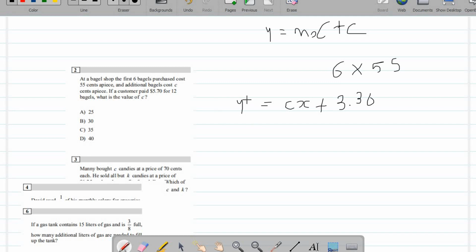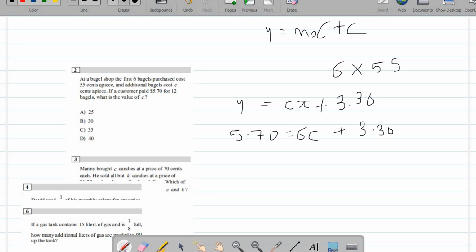Now here they said our total cost y was $5.70, equal to cx. Now we have 12 Bajaj. We're going to take out 6 from it because 6 already buys 3.30, and we're going to have 6. So we have 6c plus 3.30.